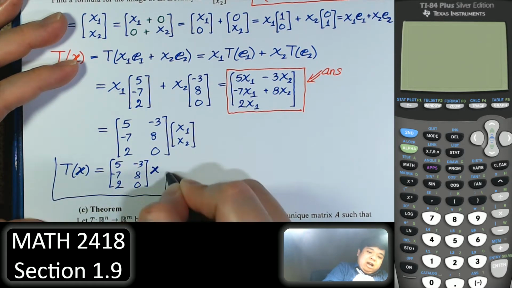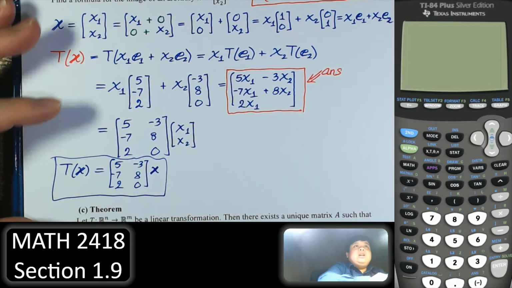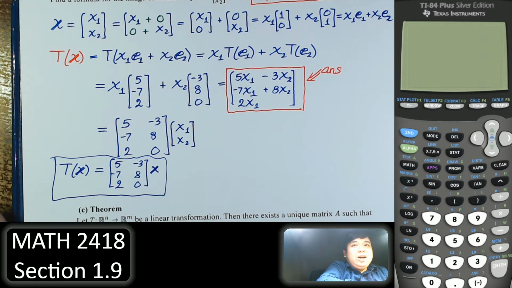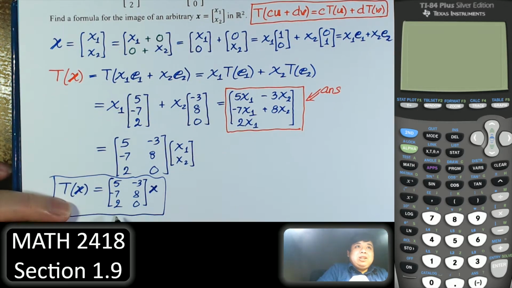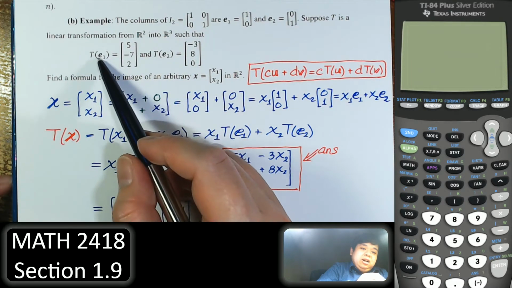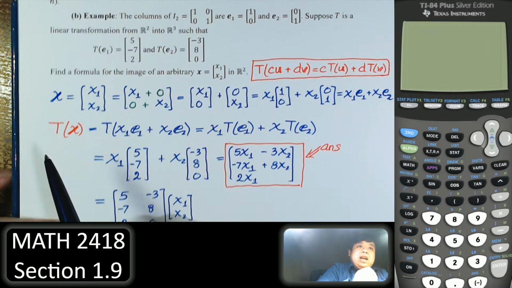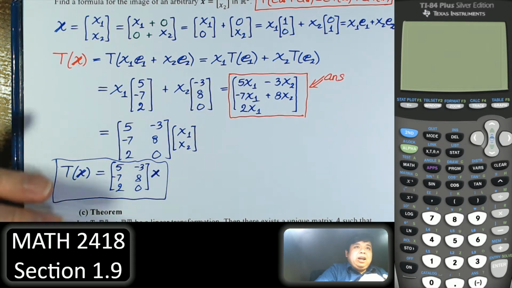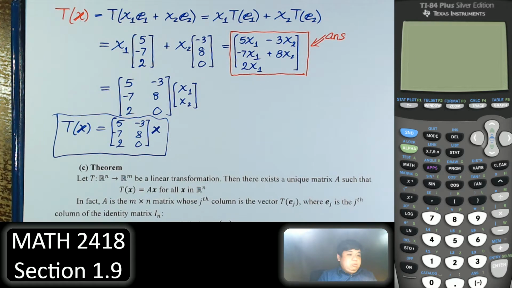So if we write that as a matrix form, it's perfectly fine. Notice that the matrix is found by the transformation of the columns of the identity matrix. So it's very simple. We use it a lot. We have a lot of examples in this section.